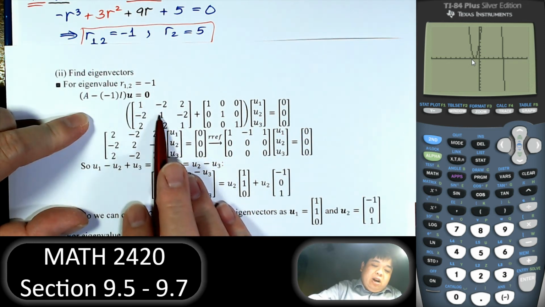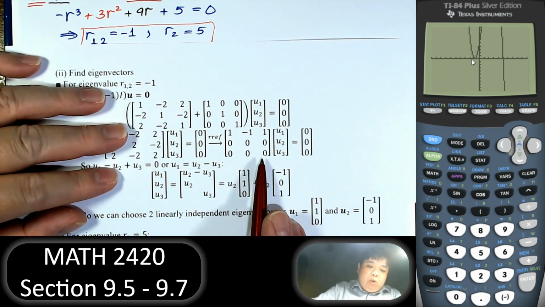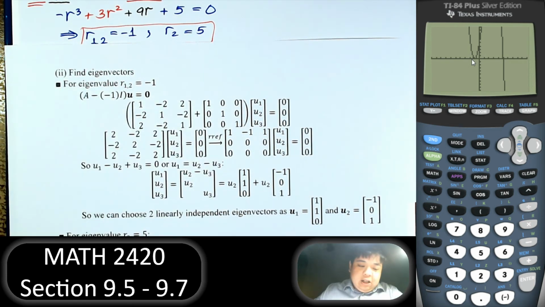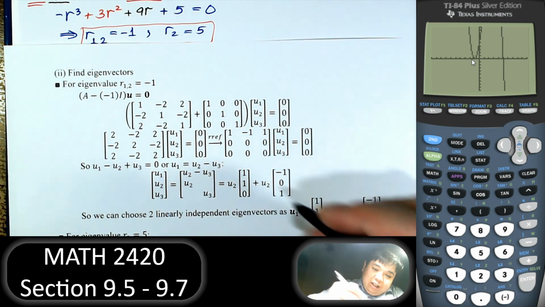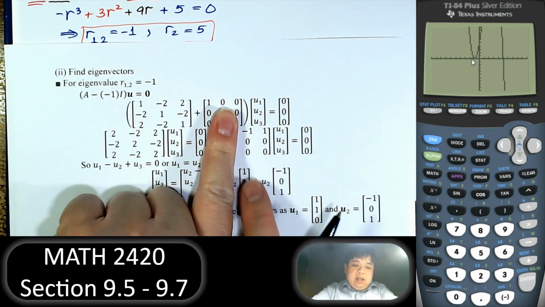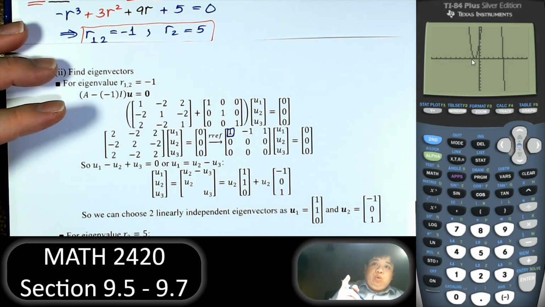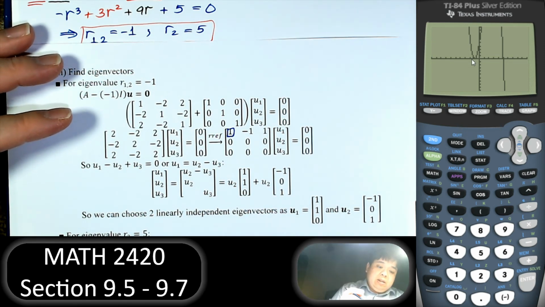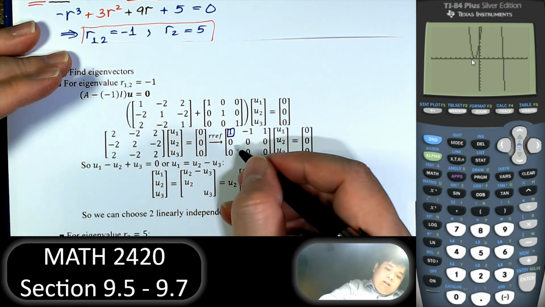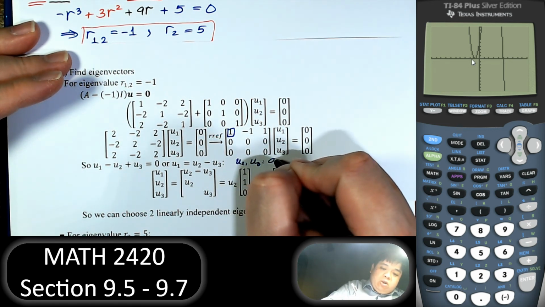Subtract that on the diagonal, we have this. Reduced echelon form, we have this. Now, what did we have earlier? If we have the leading 1, that is basic, so u1 is basic. The others are non-basic, so we choose u2 and u3 to be arbitrary.